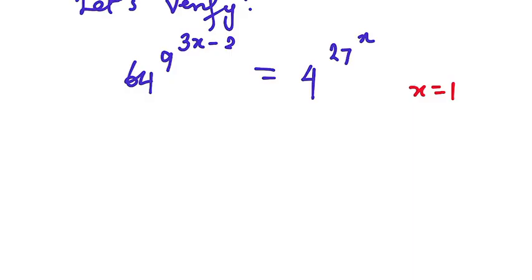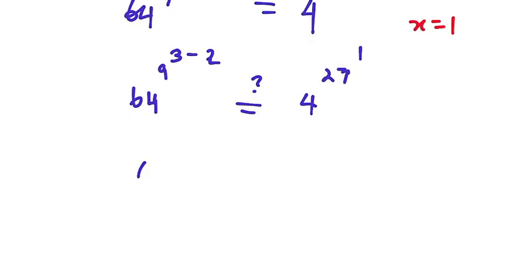So we're going to have 64 to the power of 9, then 3 times 1, then minus 2. Would this give us the same thing as 4 to the power of 27, then to the power of 1? Understood? So you are going to have 64 to the power of 9, 3 minus 2. That will give us 1. So we have 9 to the power of 1. Will this equal 4 to the power of 27 to the power of 1?